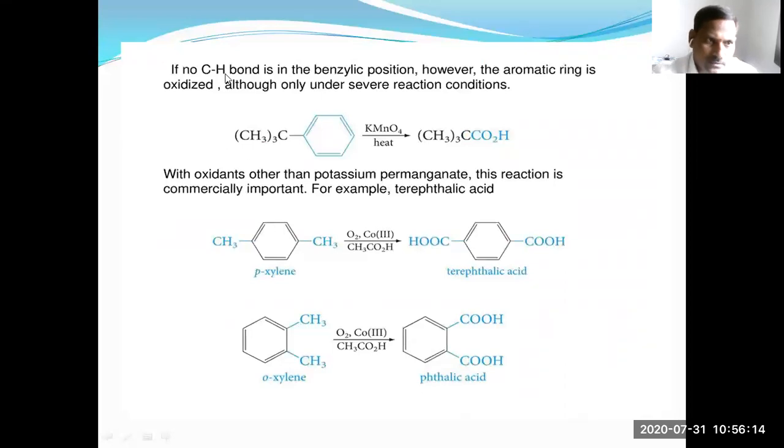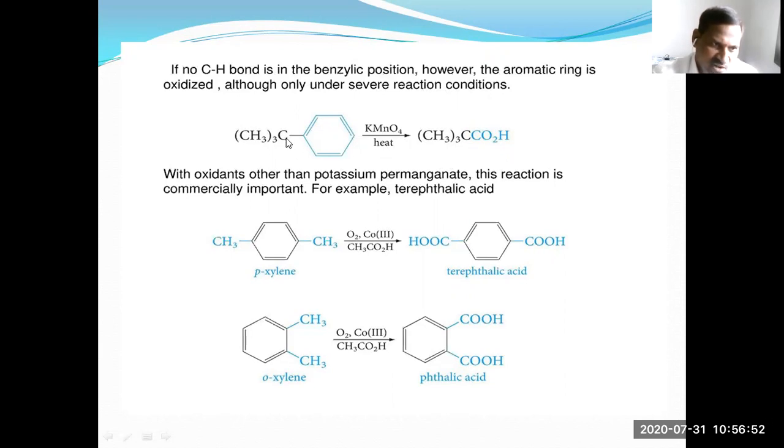So this is tertiary butyl benzene. This undergoes reaction with KMnO4. Sorry, this is an aliphatic carboxylic acid, not an aromatic carboxylic acid.